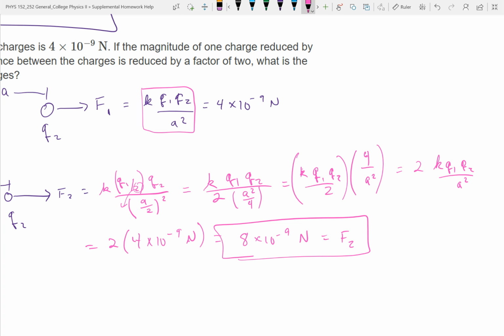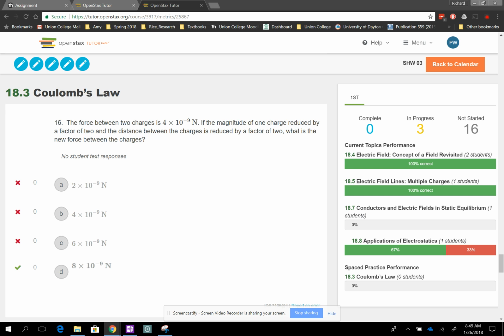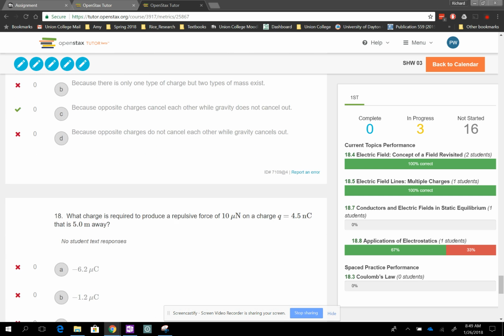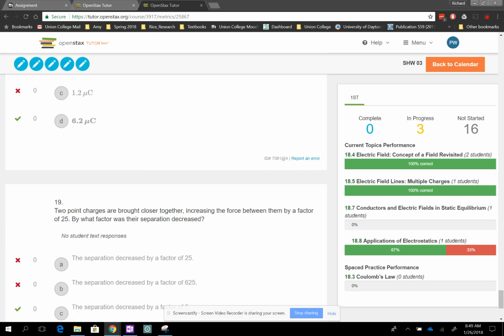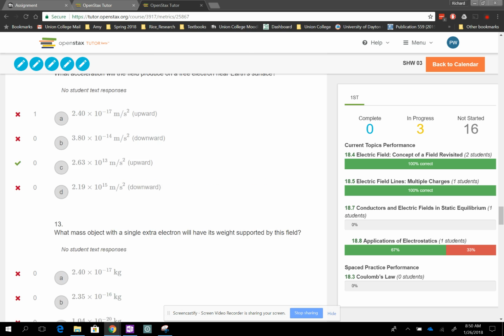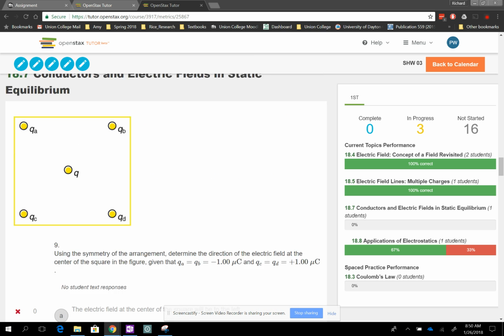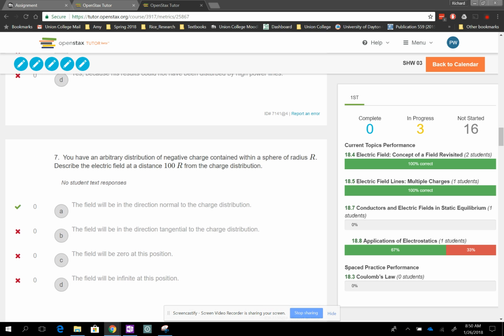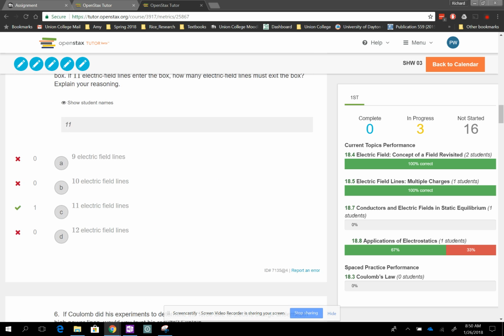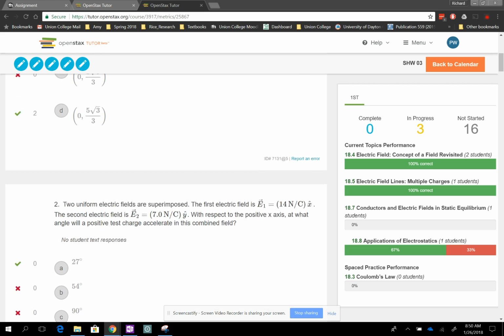Two uniform electric fields. Okay. Two uniform electric fields are superimposed. There we go.